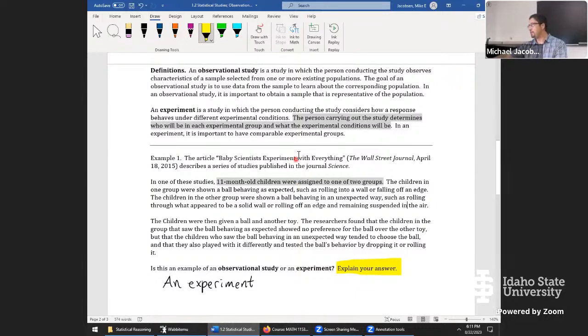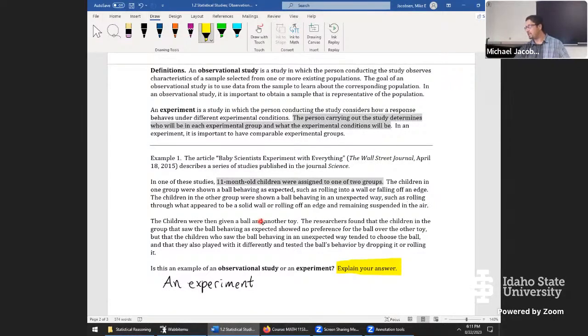So let's go back to what experimental design says we have to do. The person carrying out the study determines who will be in each group and what the conditions will be. And that's what happened here. They assigned all of the babies into one of two groups and decided on the conditions.